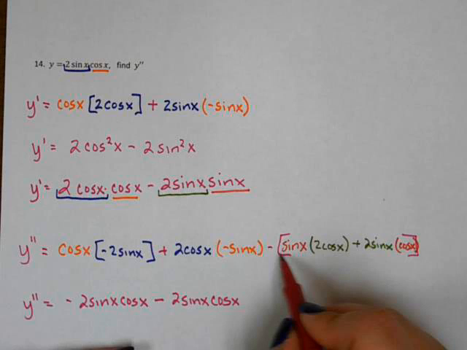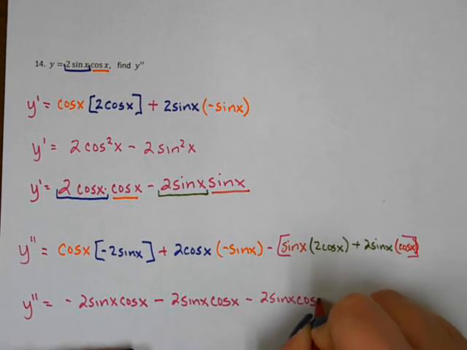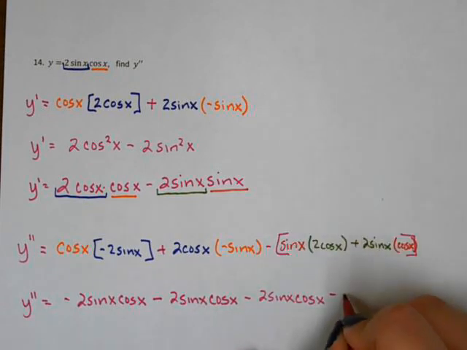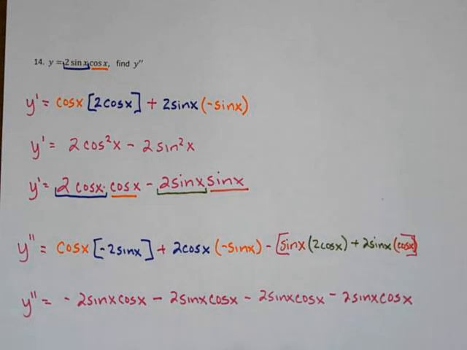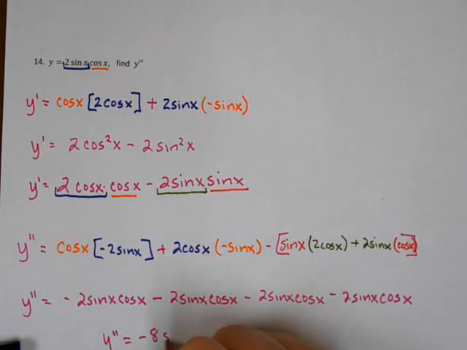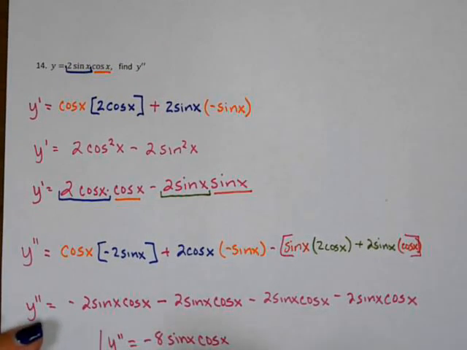Then this is also a minus 2 sine x cosine x. And then when I distribute this negative, this is also minus 2 sine x cosine x. So really, what is that? 2, 4, 6, 8. Negative 8 sine x cosine x is my second derivative.